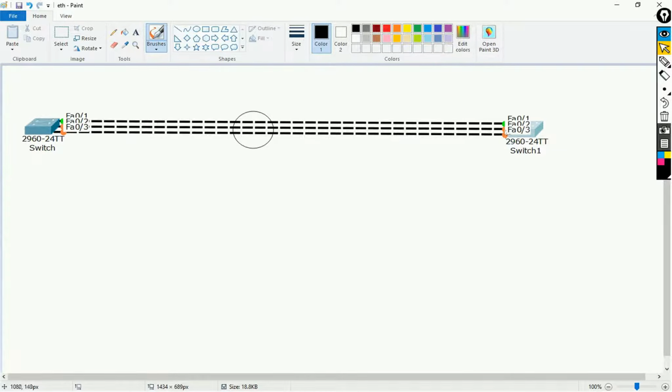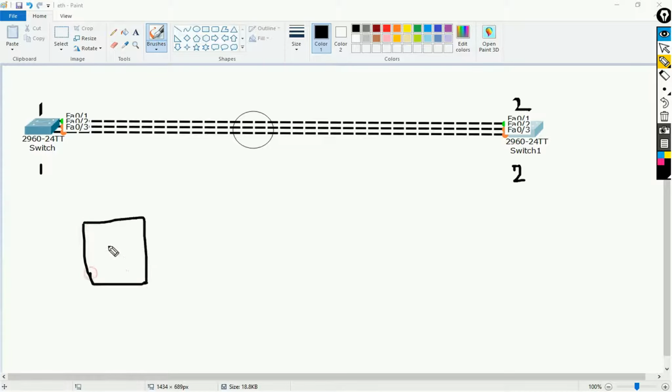Seeing these amber or orange colored lights, one of the links has a green light, and the other two have amber or orange lights. What this means is that the other two links connecting switch 1 to switch 2 are in a block state.